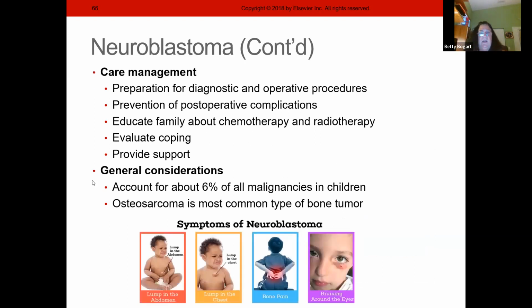These children have a really rough outcome because it's already metastasized. Again, we'll try surgeries, chemo, radiation, but that's all up to the parents and the surgeon and physician taking care of them, okay?